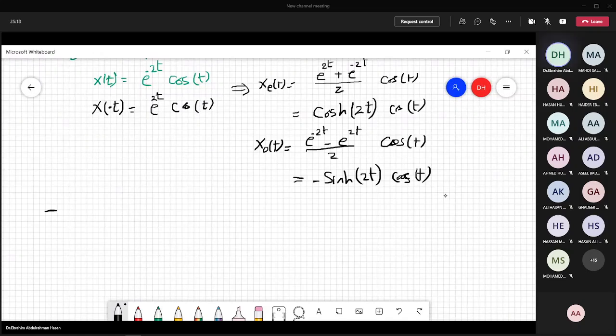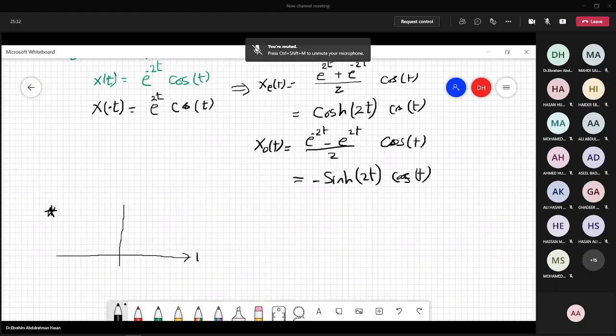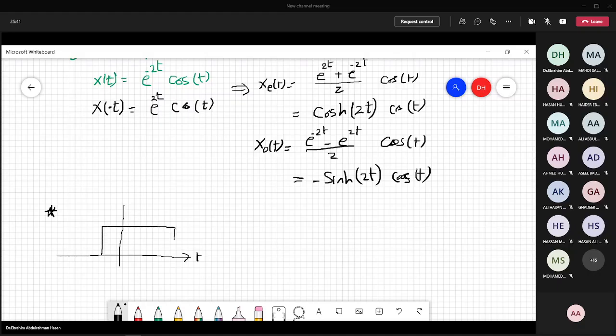Okay, let me take the last example here. This is my x of t.